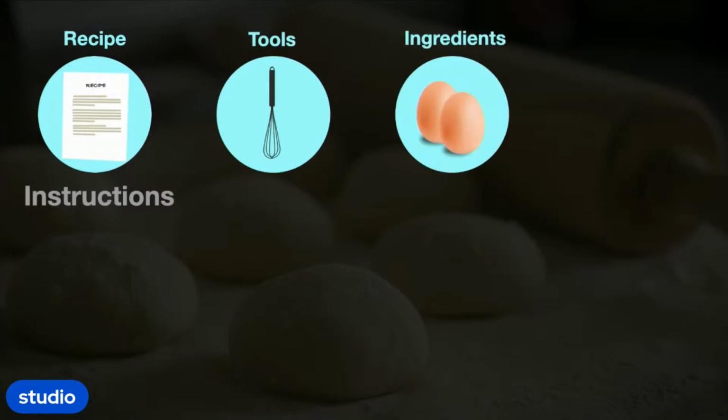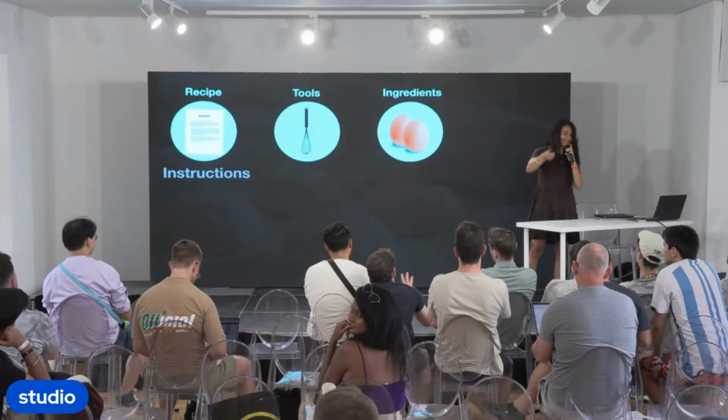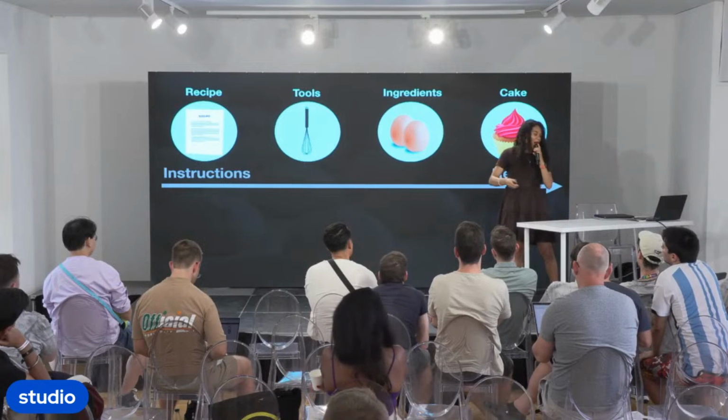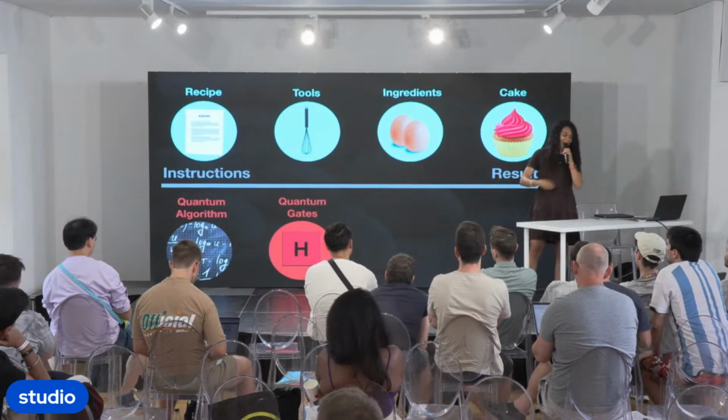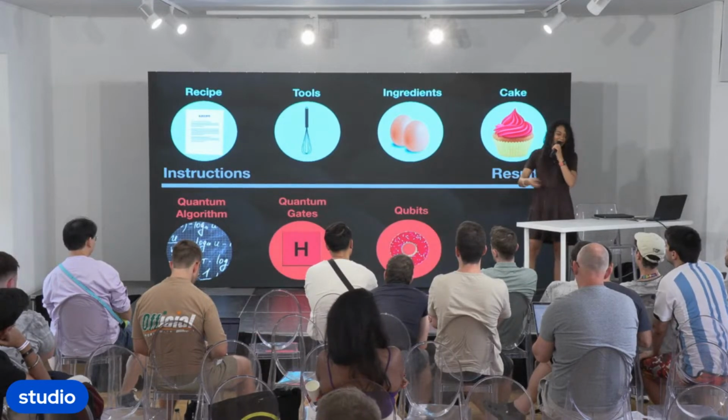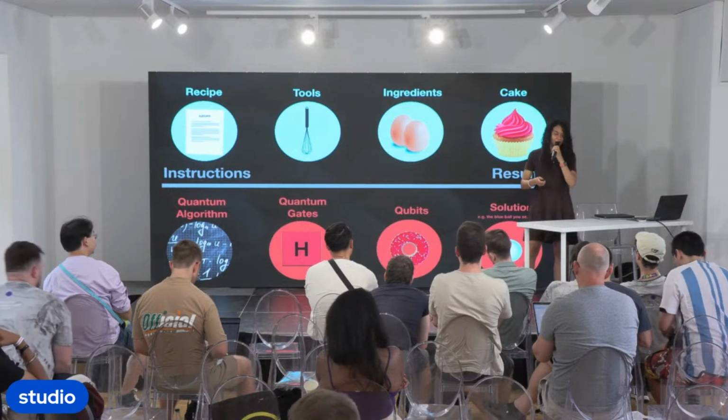If you're baking a cake, you have a recipe. It tells you a set of instructions on how to use the tools you have, such as a whisk, to change the ingredients, such as eggs, to end up getting your cake. With a quantum computer, you have a quantum algorithm, a set of instructions, that tells you how to use the tools you have, the quantum gates, to change the qubits, so you end up getting the solution that you want.